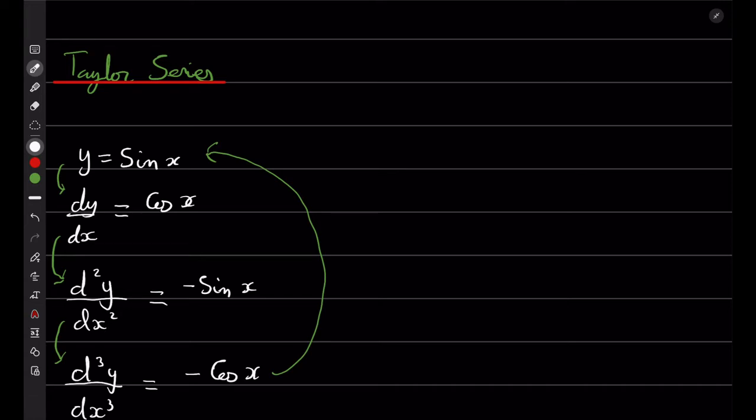Alright, so let's try to find at least an approximation around the value 0 for y equals sine x. When we have higher order terms, for values next to 0, you're going to end up having a value that is really small.